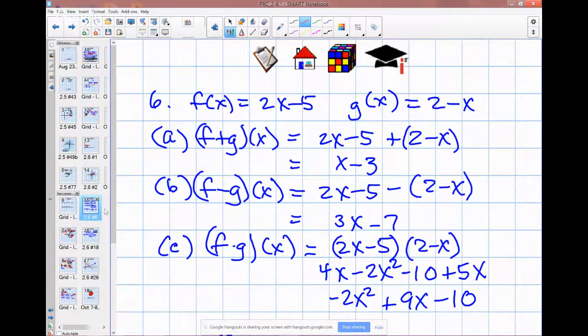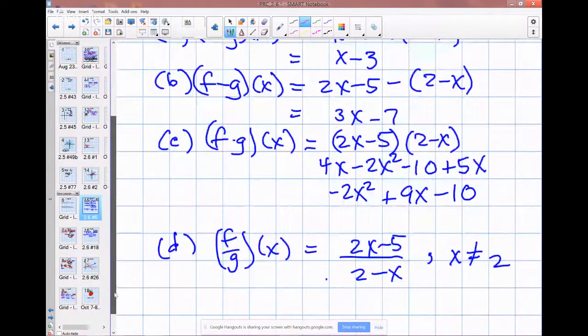Okay, number 6, they give you two functions, function f and function g in the book, at the top here. And then they say, hey, we got all kinds of things for you to do. In part A, add them together. In part B, subtract them. In part C, multiply them, and in part D, which you can't see right now, divide them.